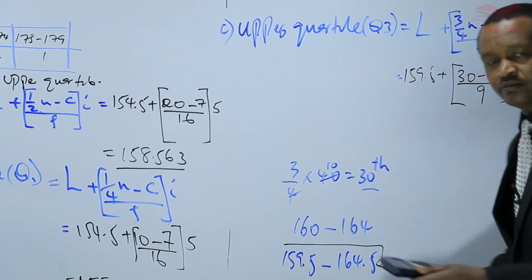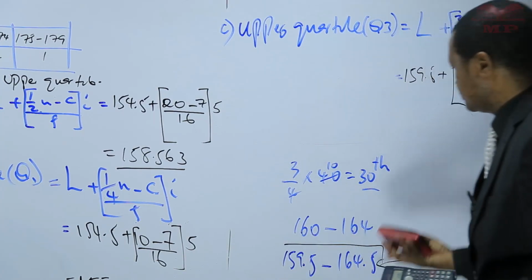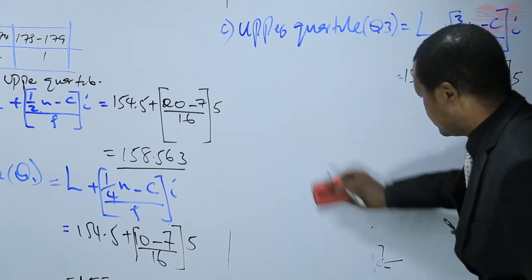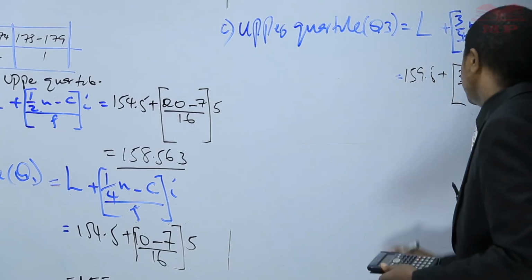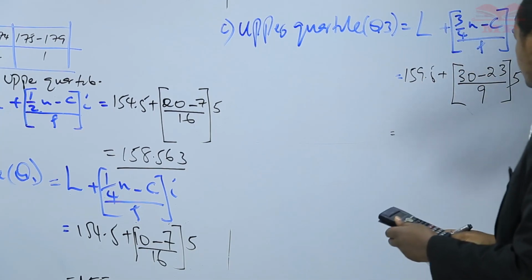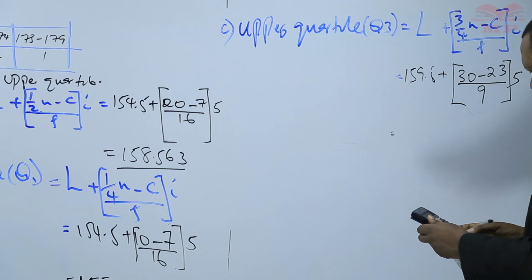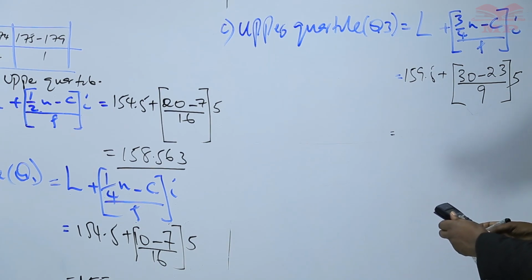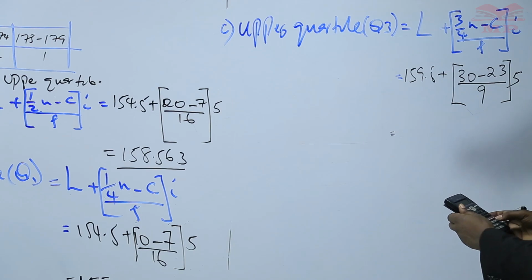So the rest is the work of the machine. This will be equal to 30 minus 23, divided by 9, times 5, plus 159.5.